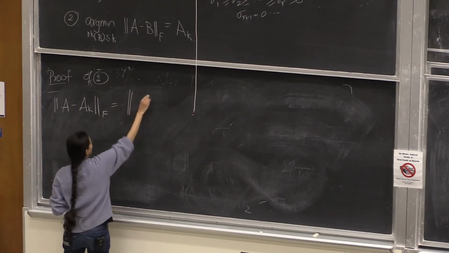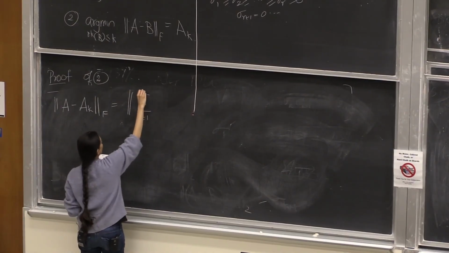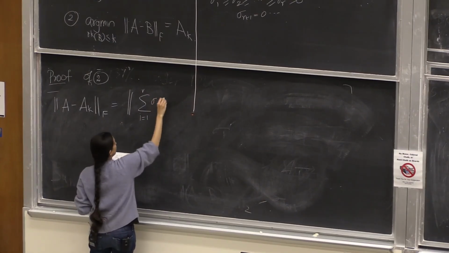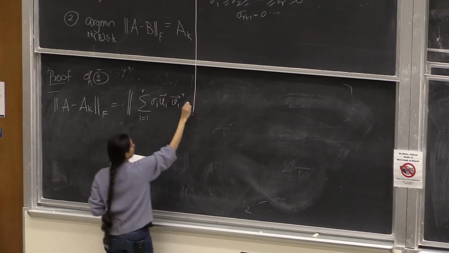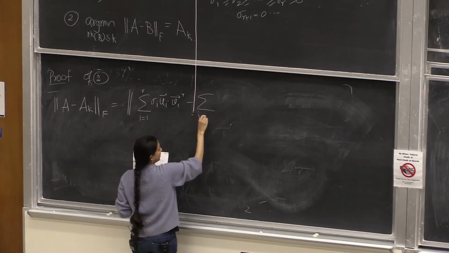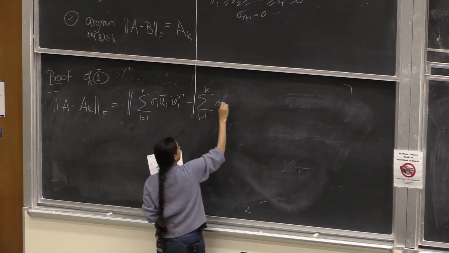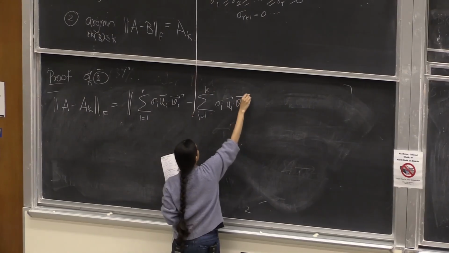And I know that A is the sum, i going from 1 to r, of sigma_i u_i v_i transpose. And A_k is just the top k singular values, so the sum of sigma_i u_i v_i transpose up to k.